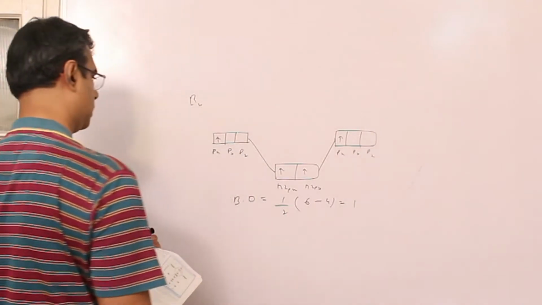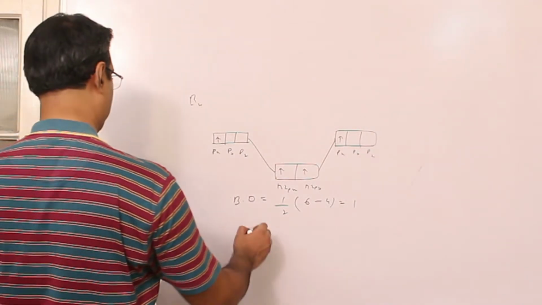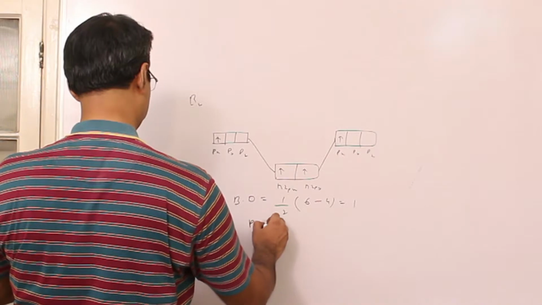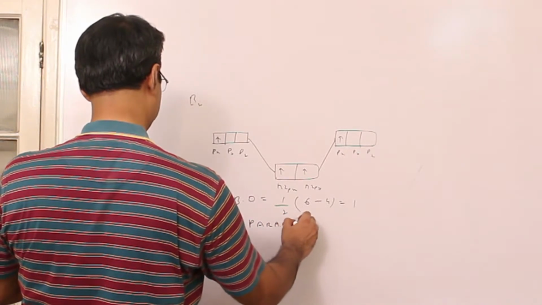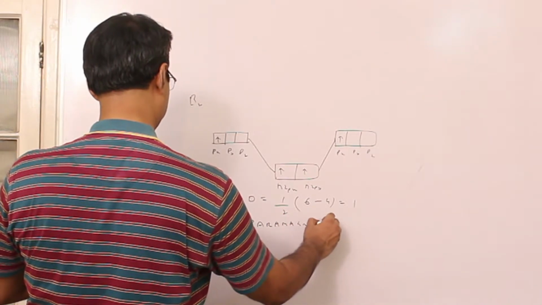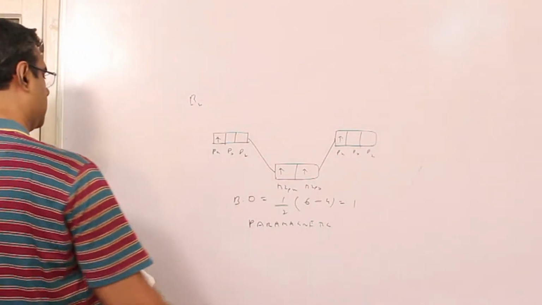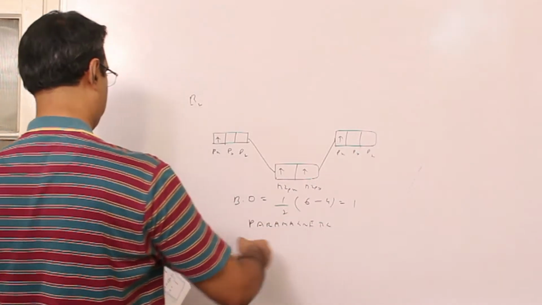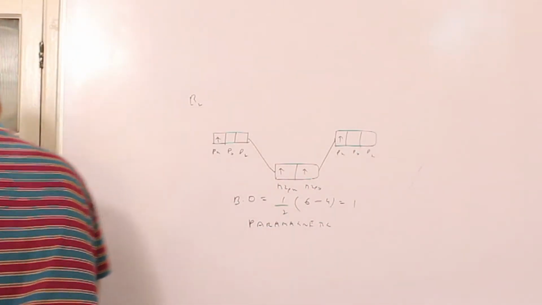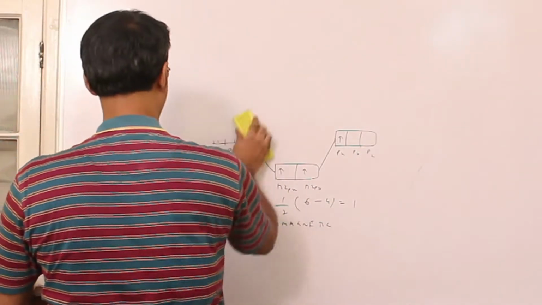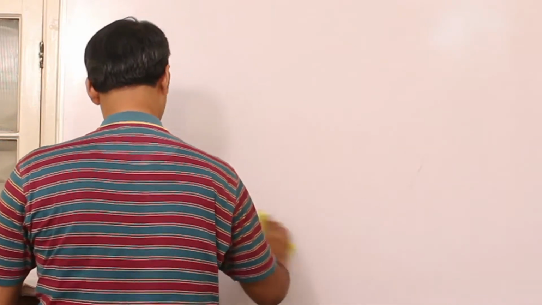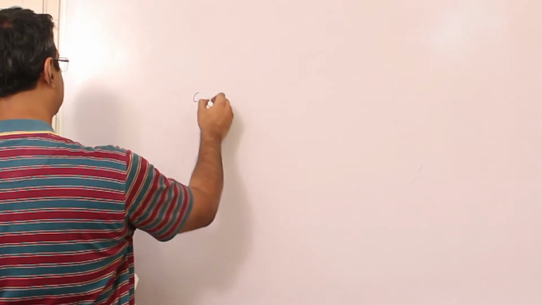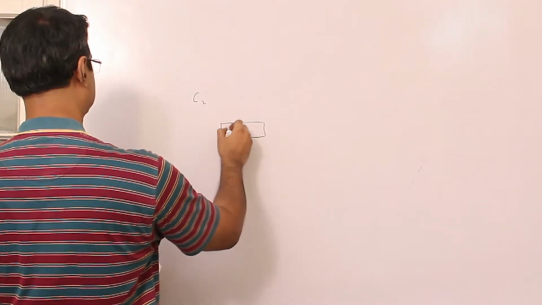Anti-bonding will still be 4, so bond order is 1. And for the first time we have encountered a molecule which is paramagnetic. Now please remember, the paramagnetism is because of the 2 unpaired electrons. These 2 electrons are unpaired, and that is the reason why the molecule is paramagnetic. Now let's move on to C2, that is carbon 2.